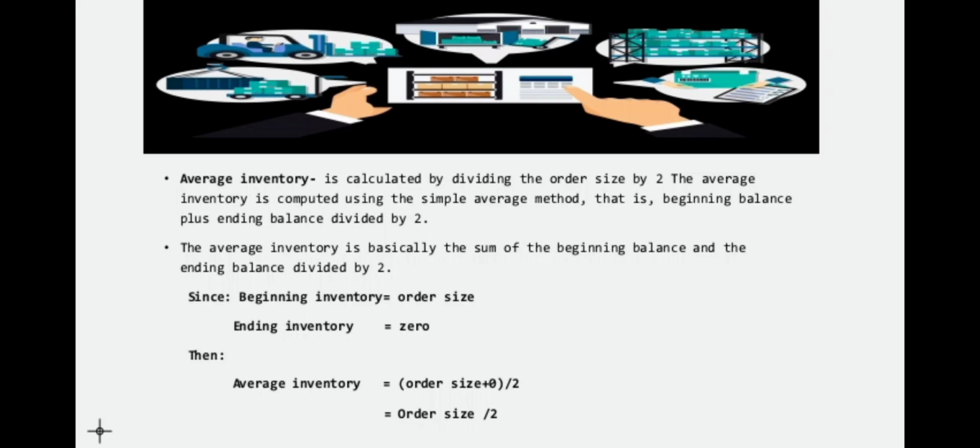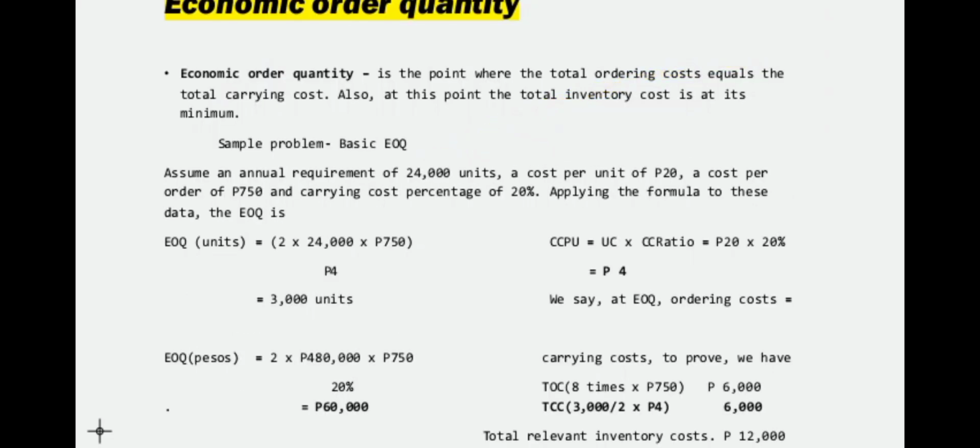Since beginning inventory is the order size and ending inventory equals 0, then average inventory equals order size plus 0 divided by 2, then order size divided by 2.